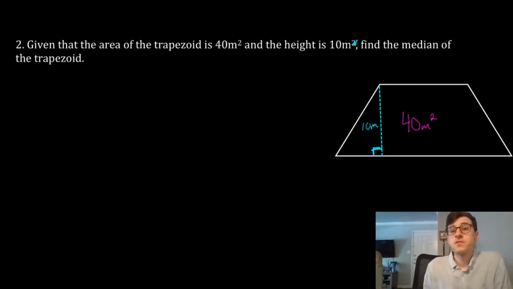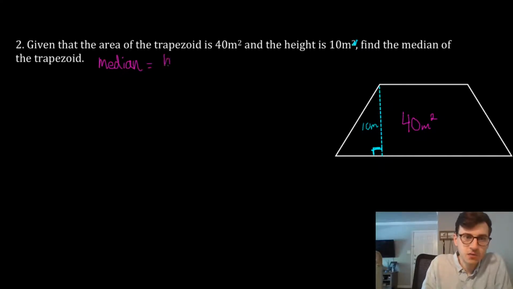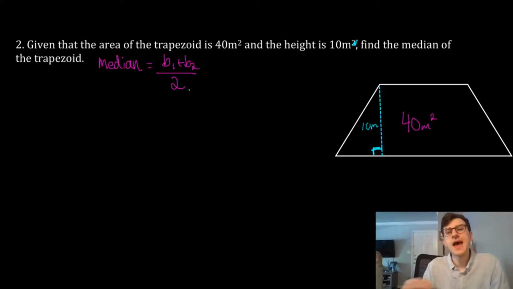It wants us to find the median. Again, remember, the median is the average of the bases, right? It's the average of those two bases. It's this line from the midpoint of one side to the midpoint of the other. So approximately right here.